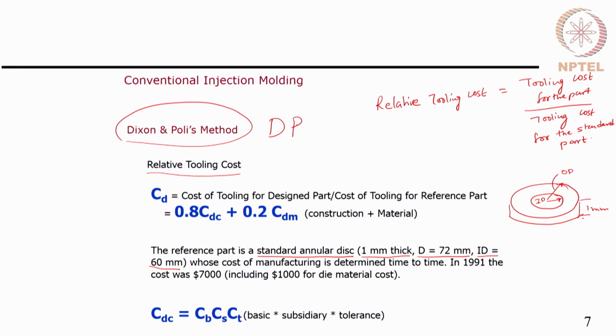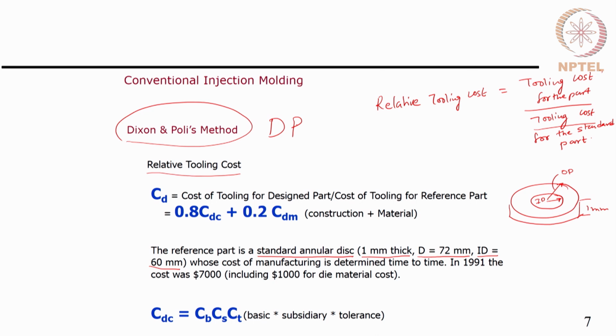So, this is a standard component which is an annular disc. The mold cost for a single cavity mold which can make this annular disc is taken as the tooling cost corresponding to the standard part.